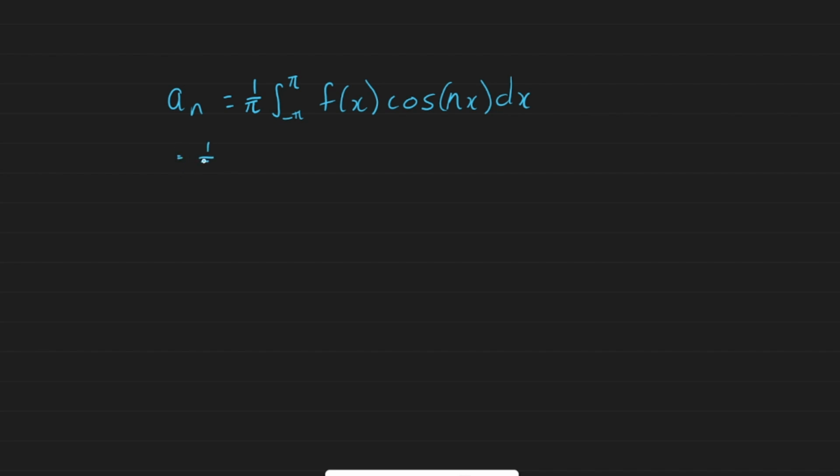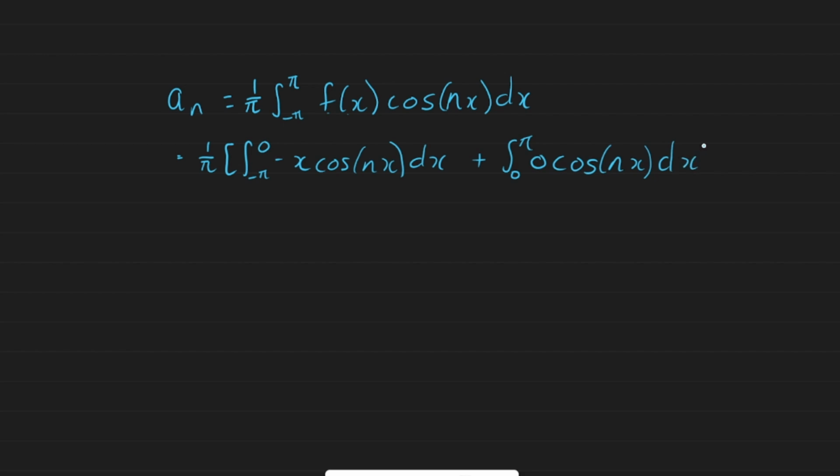So we get 1 over pi, and we have the integral from minus pi to 0, and that was minus x. So we have minus x cos nx dx, and then plus 0, the integral of 0. So this integral is obviously going to give us 0.